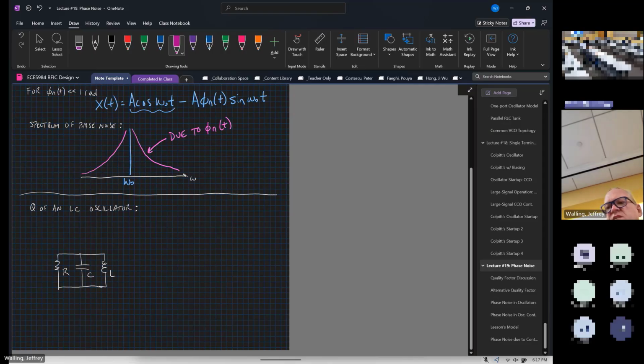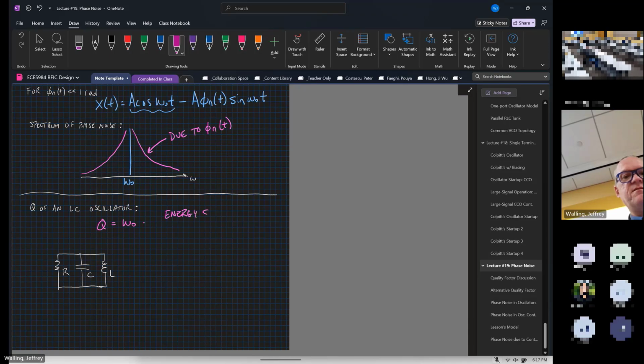All right, so let's go back to quality factor. We're going to go back to the quality factor of an LC oscillator, and let's remember our first definition for quality factor, which is omega naught times the energy stored in an LC tank divided by the average power dissipated in that same tank.